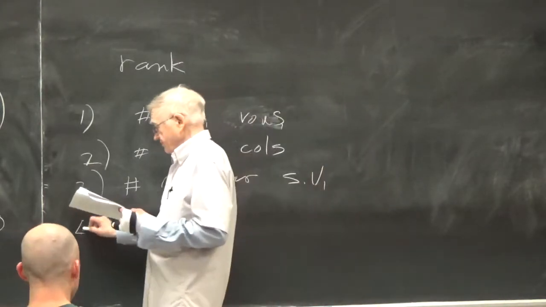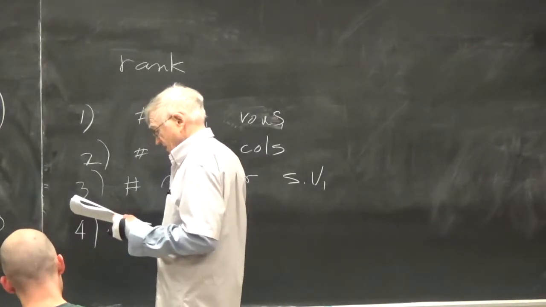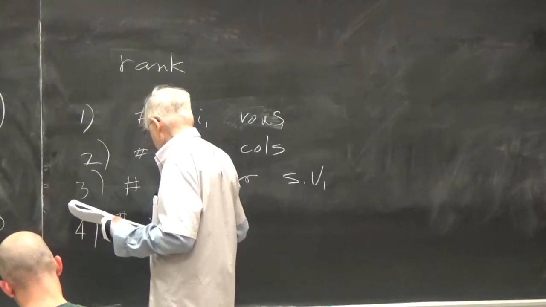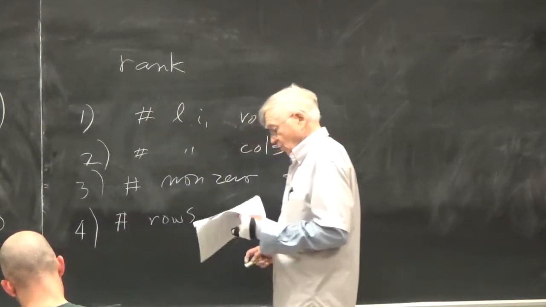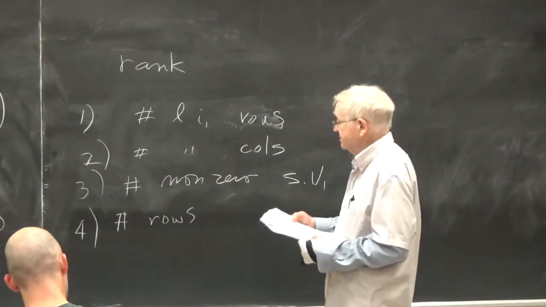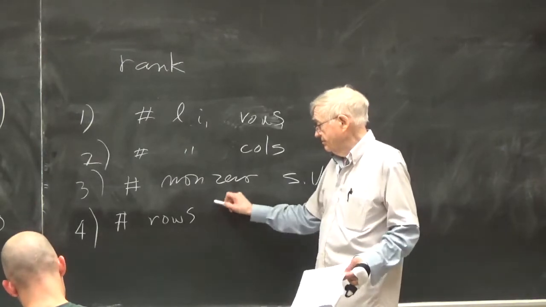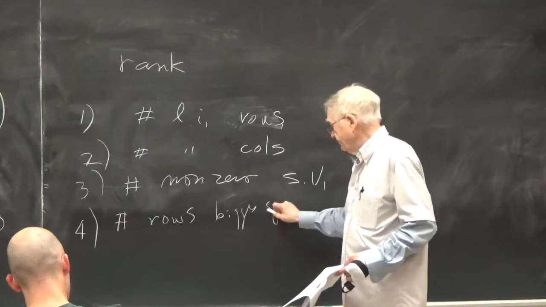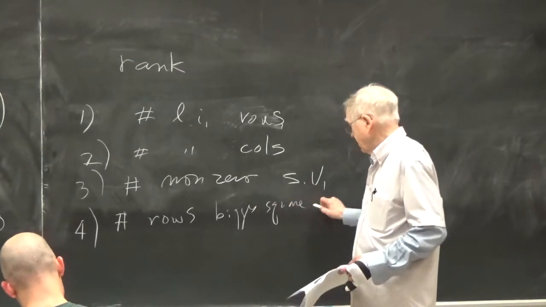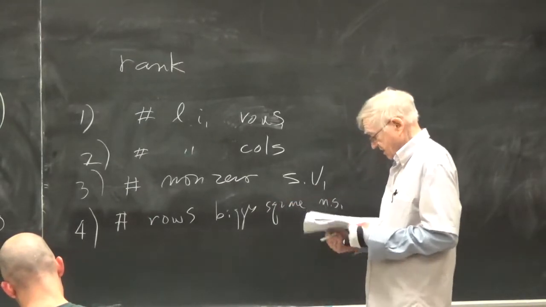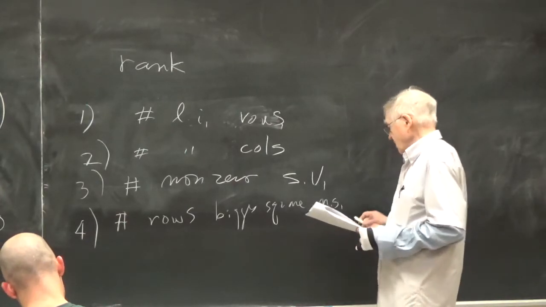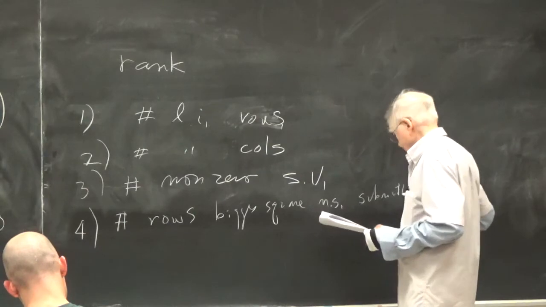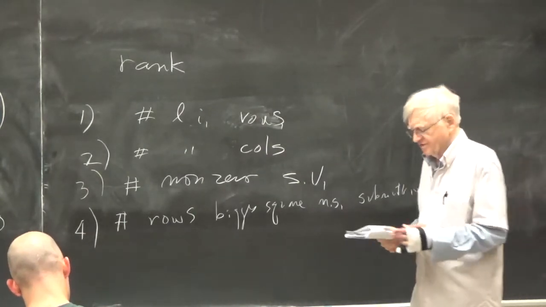And fourth, it's the number of rows in the biggest square non-singular submatrix, in other words, a submatrix whose determinant is non-zero. So there are those four different definitions.